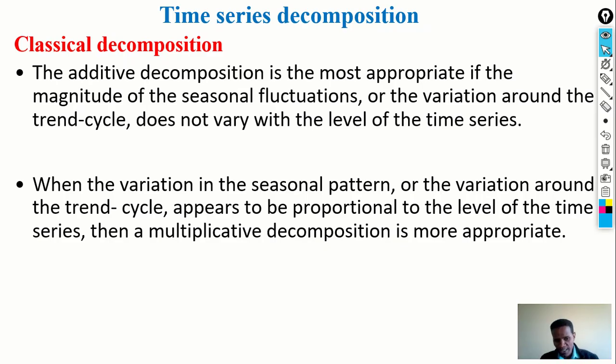But when the variation in the seasonal pattern or the variation around the trend cycle appears to be proportional to the level of the time series, that means it is not constant over a period of time, then the multiplicative decomposition is appropriate. So these are the conditions when the additive decomposition and the multiplicative decomposition will be used.